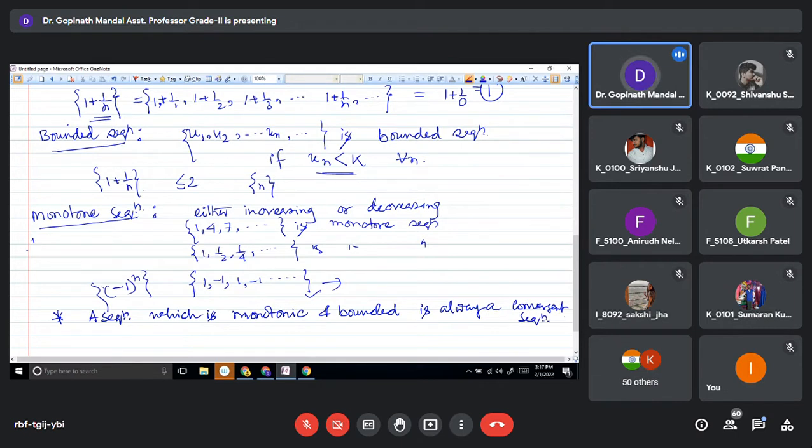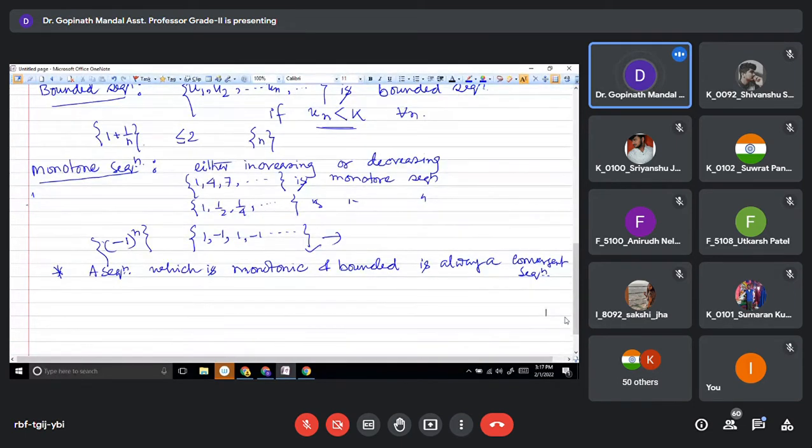A sequence which is monotonic and bounded, then the sequence will always be a convergent sequence. Monotonically increasing, yes, monotone and bounded, this is called a convergent sequence.